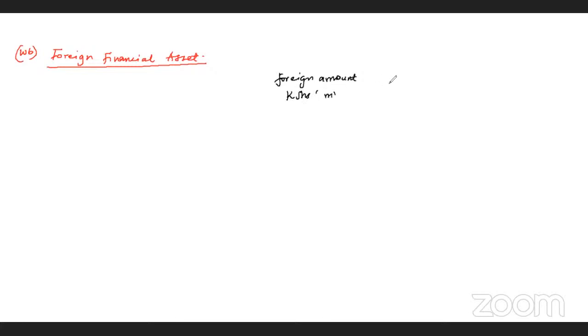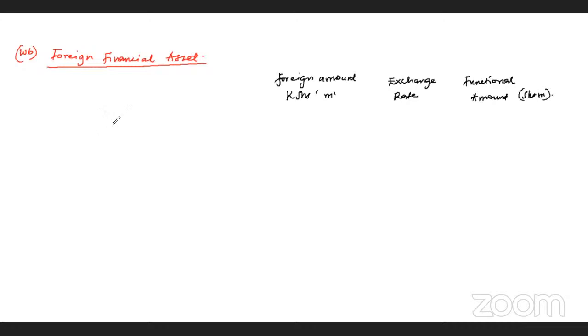That is Kenyan shillings millions. Of course, I have my exchange rate, and then the functional amount, because NUL's functional currency is Ugandan shillings.